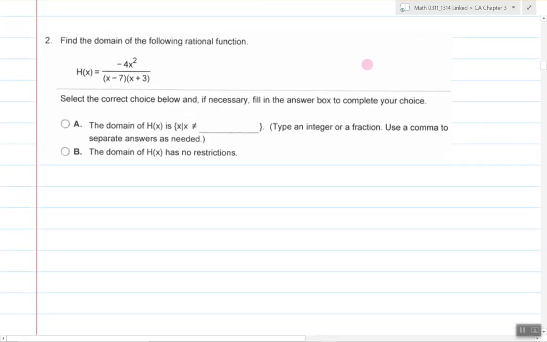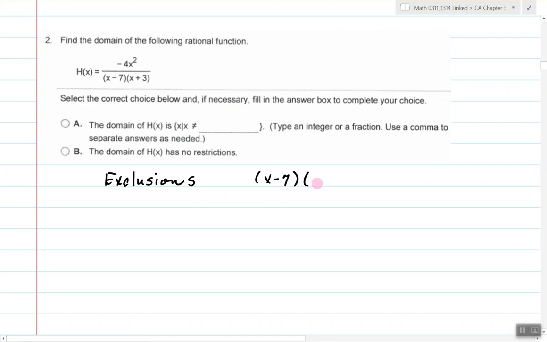Number 2, it wants to know the domain of the rational function. So again, I'm going to look at the exclusions, which means I'm going to take the denominator, x minus 7 times x plus 3, set it equal to 0 because those are the values I must exclude.